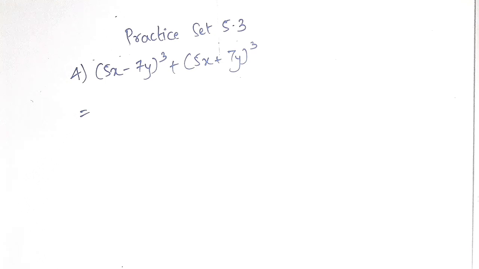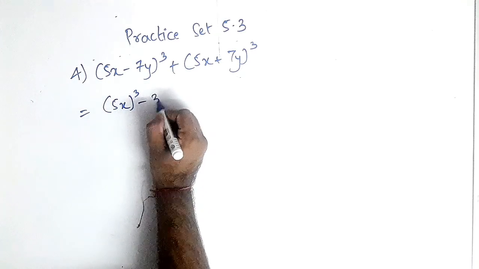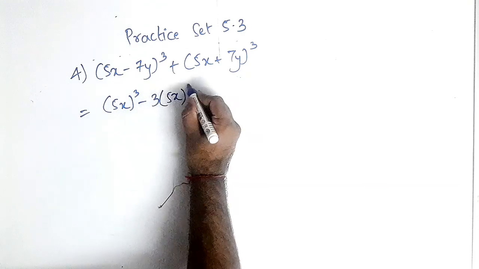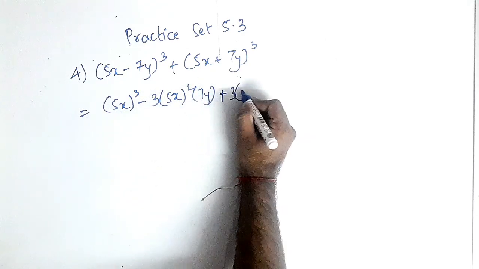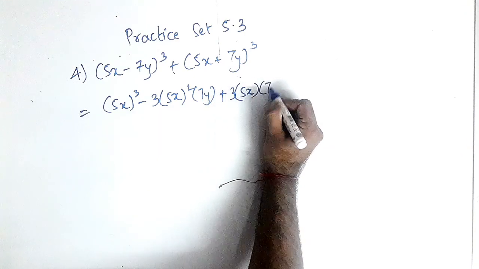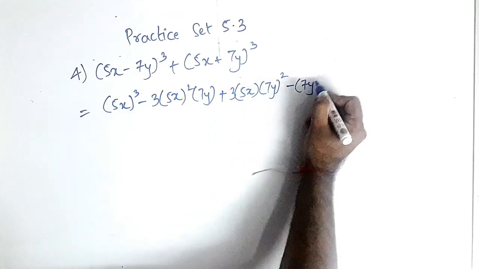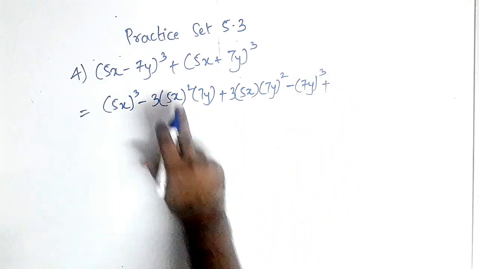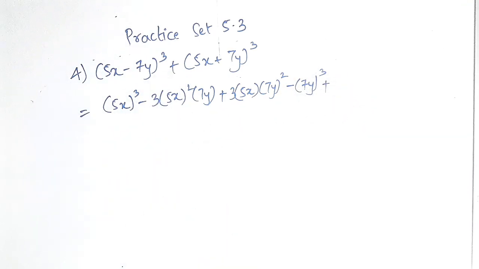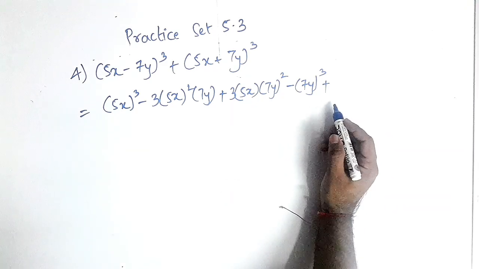So the fourth one is (5x minus 7y) the whole cube. So this is a cube minus 3a square b plus 3a b square minus b cube, okay, plus, see children, here plus sign is there in between, so no need of square brackets directly because signs will not get changed.